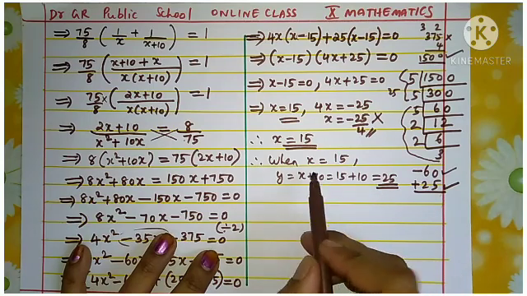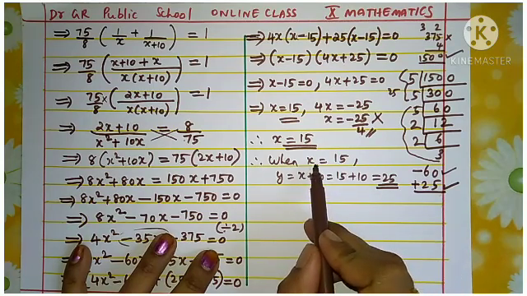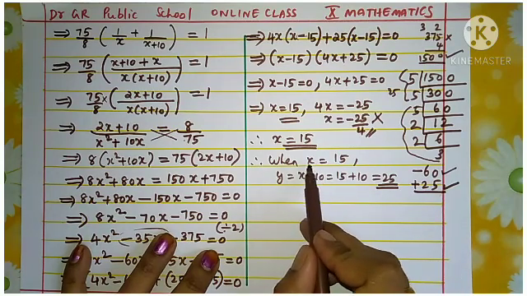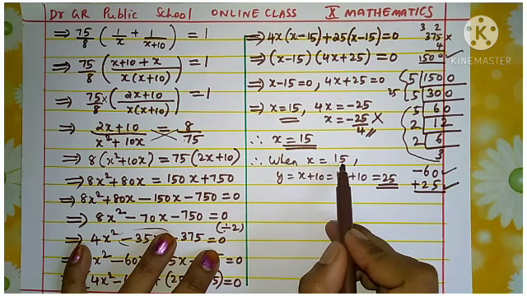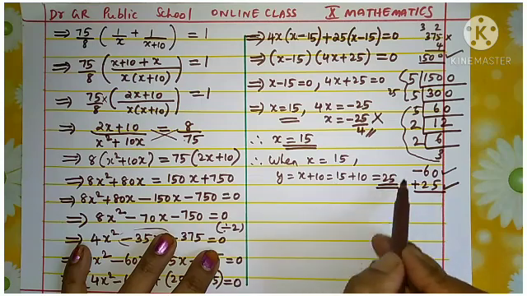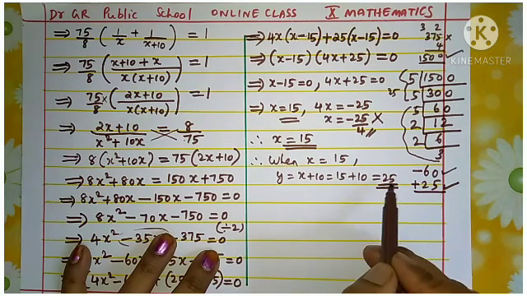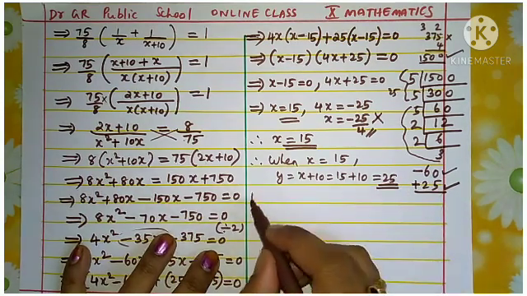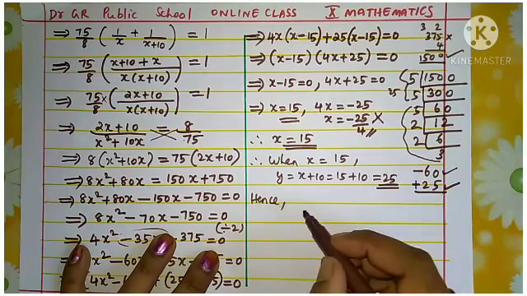What is the meaning? x is the time required for the larger pipe. So when the larger pipe is taking 15 hours, the smaller pipe is taking 10 hours more, that is 25 hours. So that is the conclusion. So we can conclude the problem.